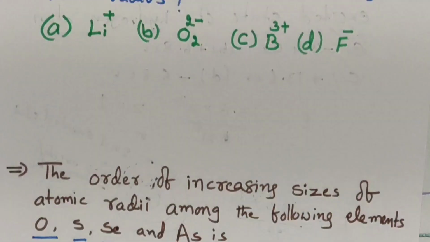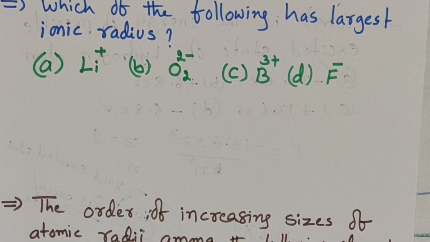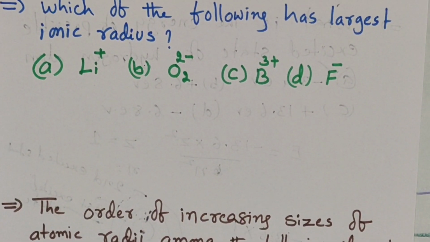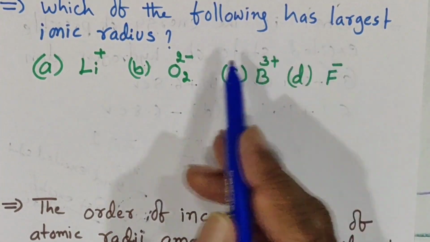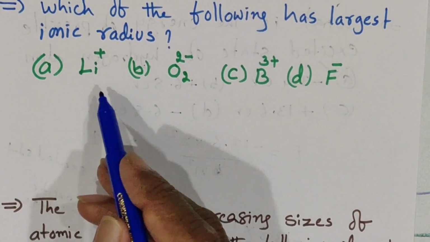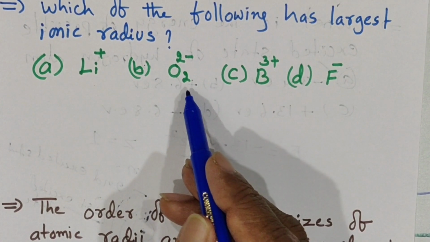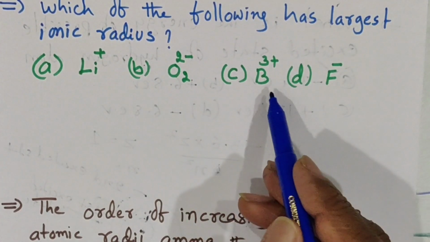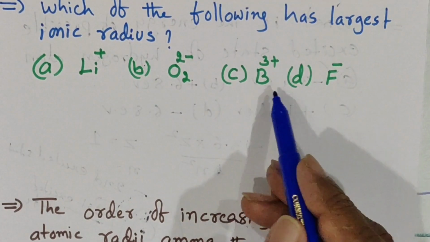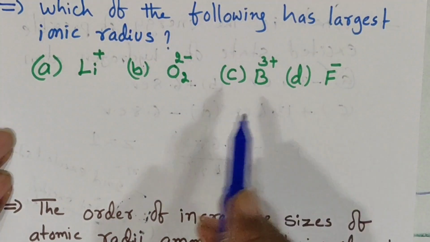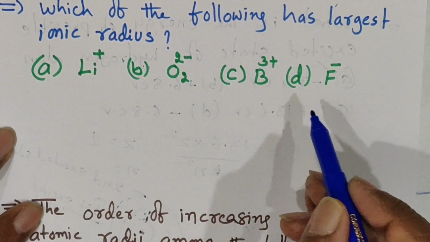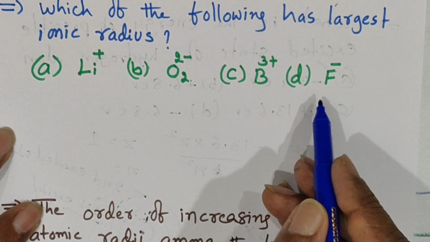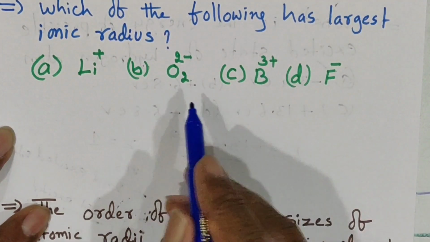Now next, when we use ions, here you see this one. Which of the following has the largest ionic radius? Lithium, peroxide ion, boron ion, fluoride ion. As the negative charge increases, size also increases. As the positive charge increases, size decreases.